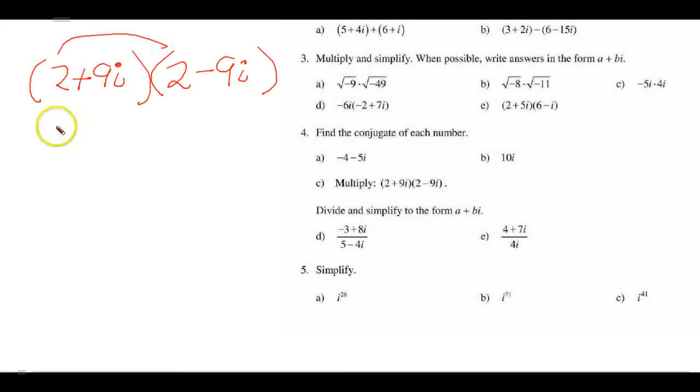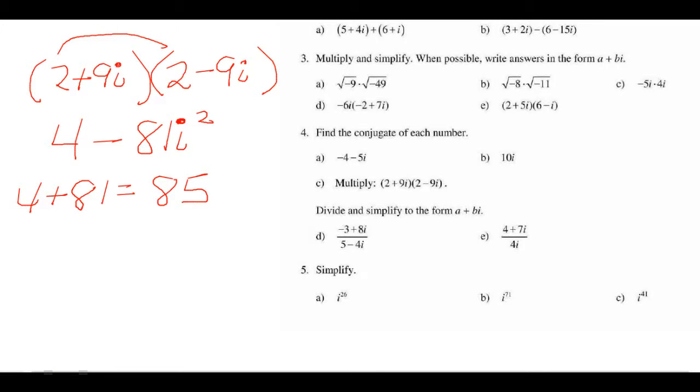So our outers, a 4, and our last, a negative 81i squared. What is i squared? A negative 1. So this makes it 4 plus 81, which is 85. So the use of conjugates will be critical for our division that we're going to do here.